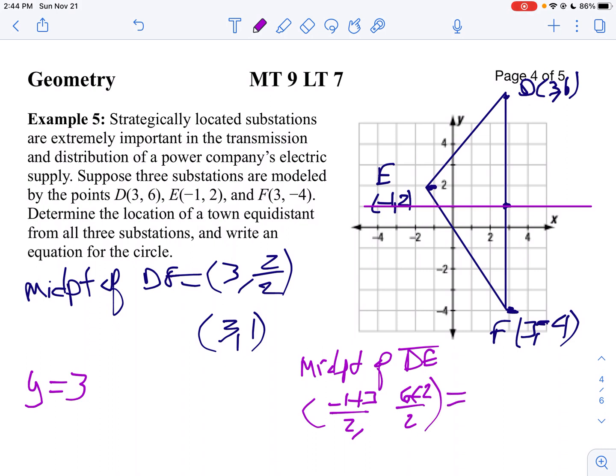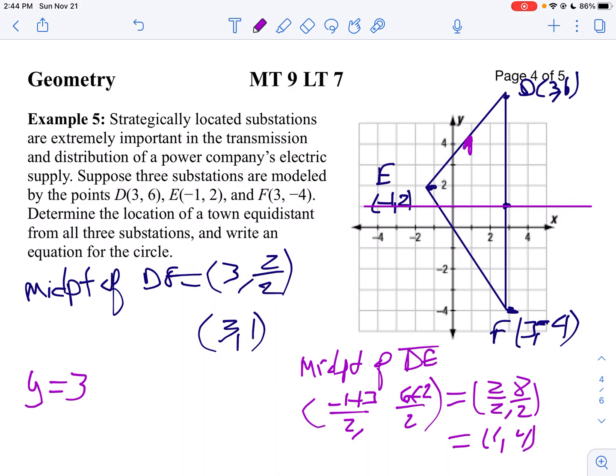So -1 plus 3 is 2 over 2, and 6 plus 2 is 8 over 2. So my midpoint is going to be at (1, 4). So if I go over 1 and up 4, and I didn't quite draw that correctly, my point is off a little bit there.